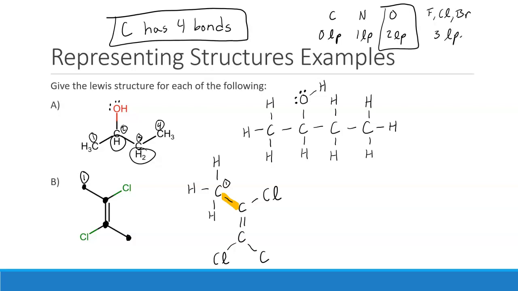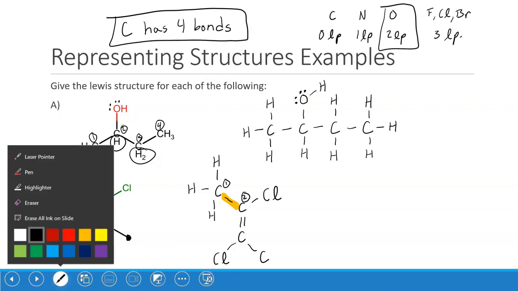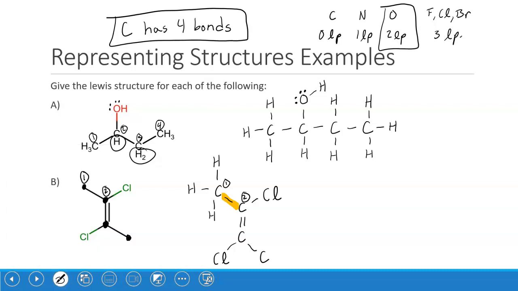Okay, the second carbon, so the carbon in the top middle here, it has a total of 4 bonds already. Okay, so if we notice, we have the bond between carbon number 1 and carbon number 2, that's 1 bond. To chlorine is 2, and then it has a double bond to the carbon below it.